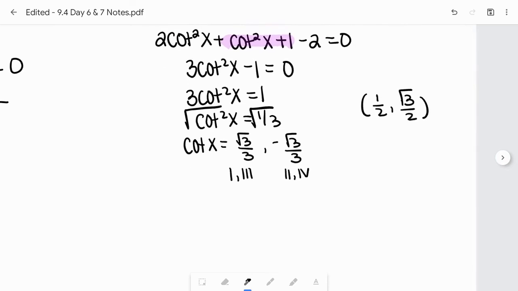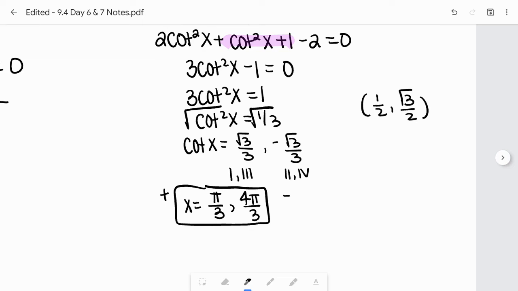So to get root 3 over 3 to be positive, this is going to occur at pi over 3, and also then in quadrant 3 at 4 pi over 3. Okay, so these are for my positive answers. Now my negative answers would be when x is equal to 2 pi over 3, and then also in quadrant 4 at 5 pi over 3.